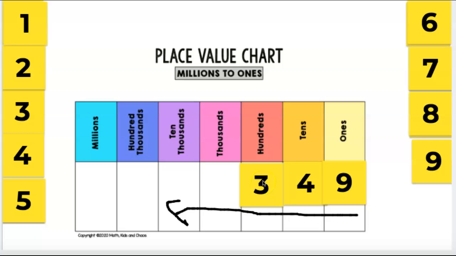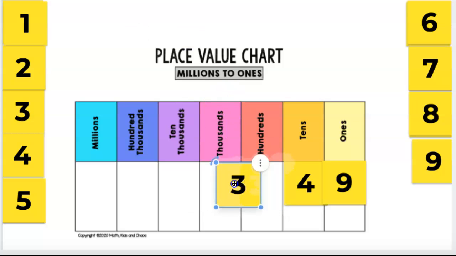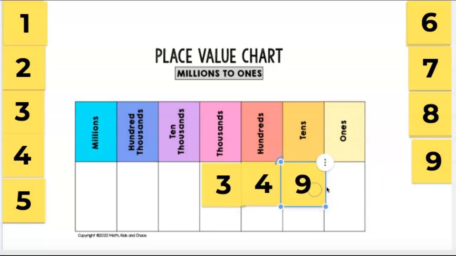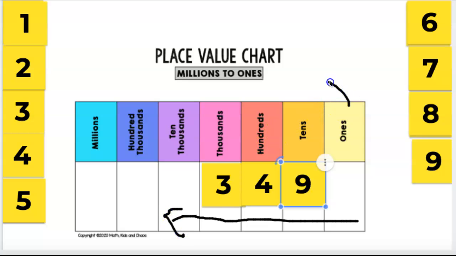So what's going to end up happening is that I am going to take it and move the 3, the 4, and the 9. All the digits of my number are going to have to move to the left when I multiply that number by 10. So everything moved one place over. So every part of that number got multiplied by 10.